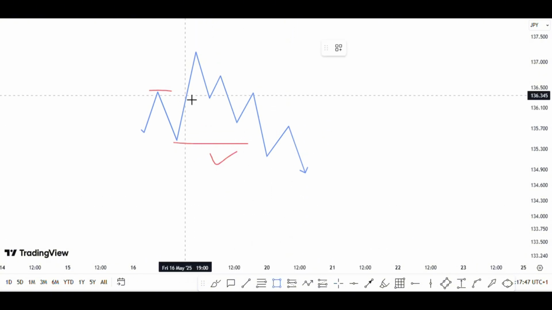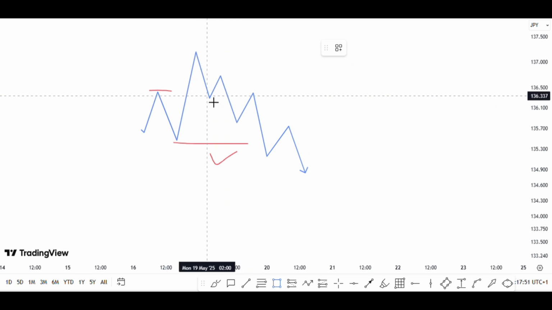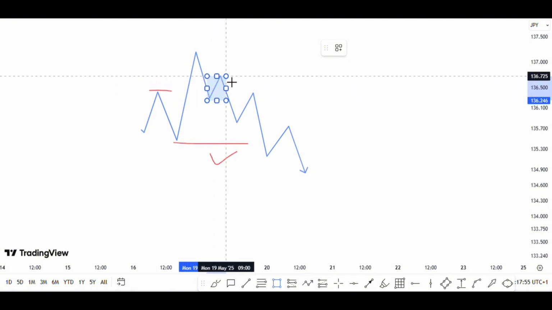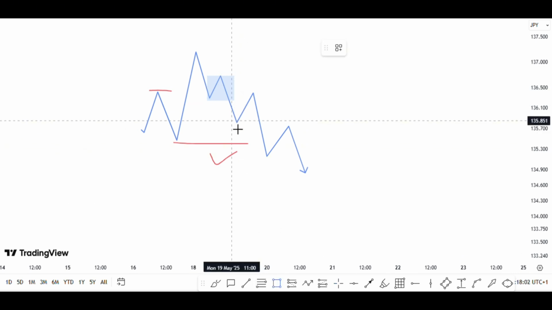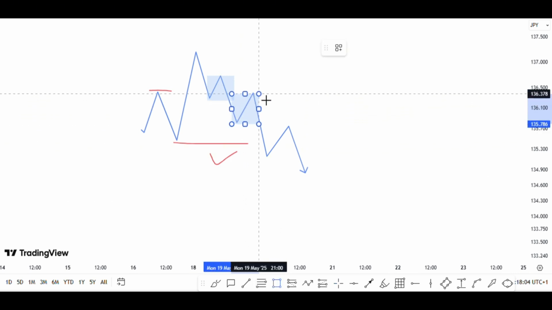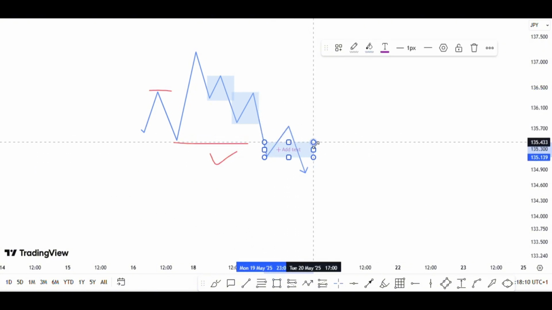First of all, where is the last buying momentum before the push down? Firstly, you see we have a buying momentum here like this. Another one, we have a buying momentum here. These are order flow. Then we have a buying momentum here. These are order flow.